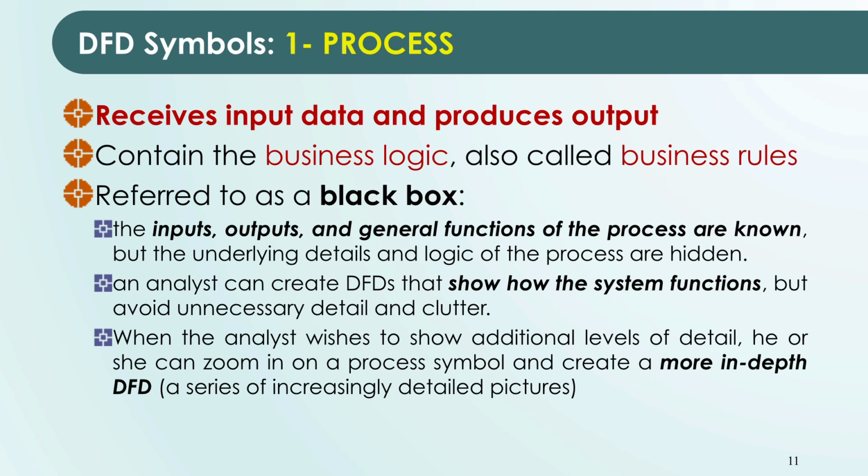For the process symbol, the name of the process appears inside the rectangle. The process name identifies a specific function and consists of a verb. If necessary, you can put an adjective with the verb.